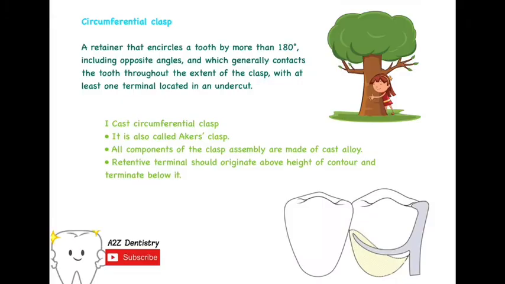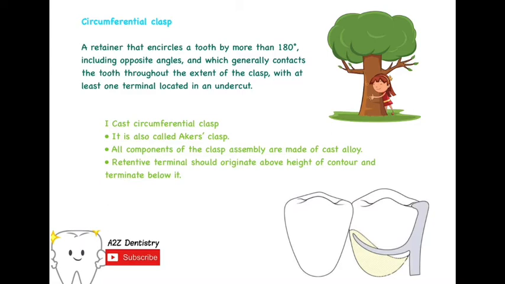Moving on towards the circumferential clasp, in this picture I have put up, can you see this girl hugging the tree? Exactly, this is how our circumferential clasp will engage our tooth, right? That is, it will encircle the tooth 180 degrees. Basically it is a retainer that encircles a tooth by more than 180 degrees.